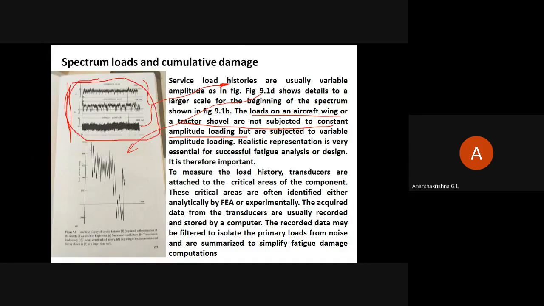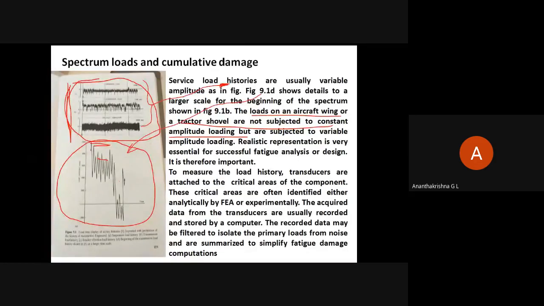When you expand it on a larger scale, you see the amplitude of vibration is varying, it is less here, and again it goes up. He has taken this service load and shown the exploded view of that spectrum over here.